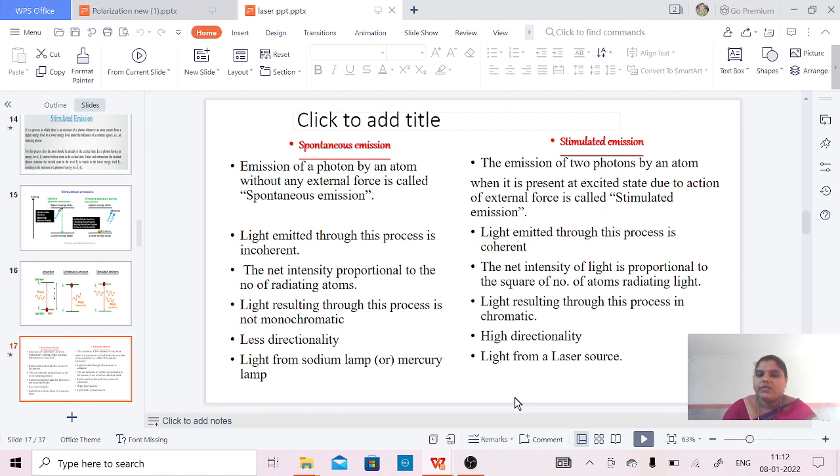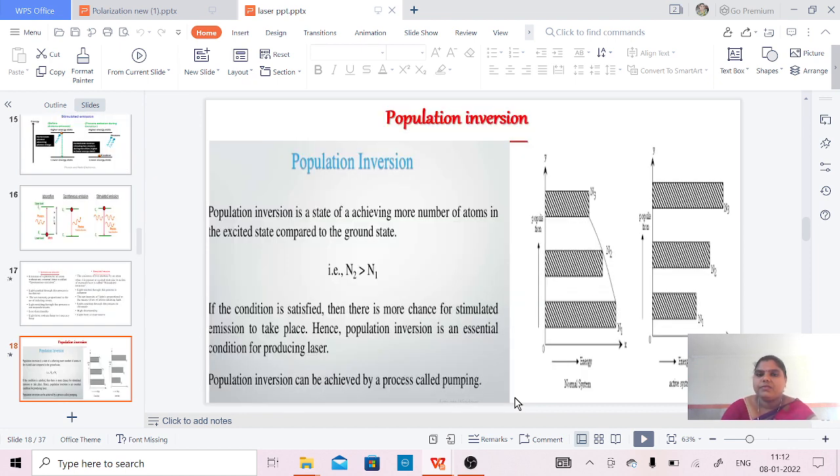The light from a sodium lamp or mercury lamp is an example for spontaneous emission, and for stimulated emission, the light from a laser source. And the main concept behind all this is known as population inversion. So let us see what population inversion is.